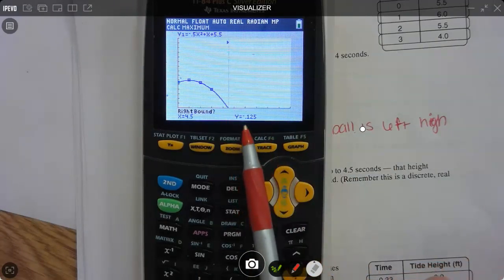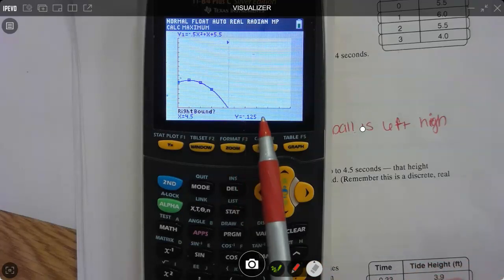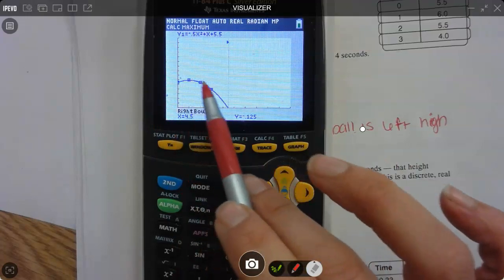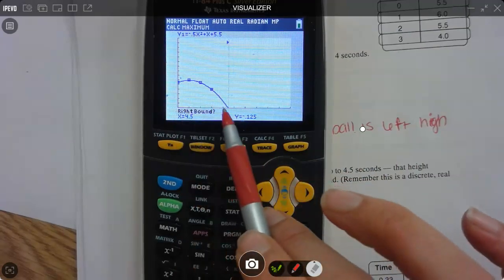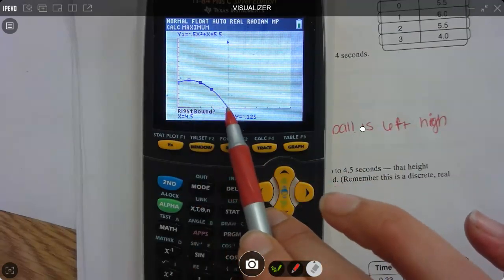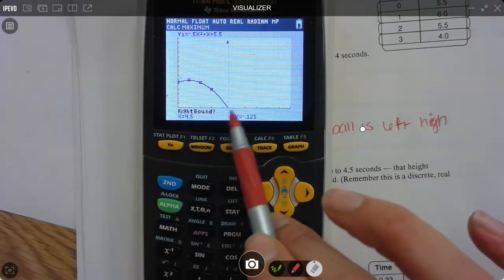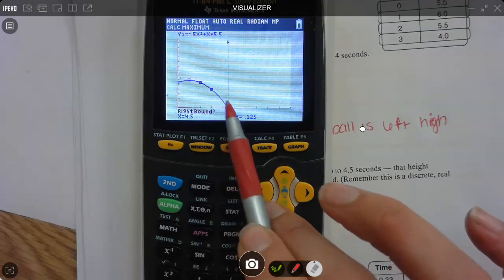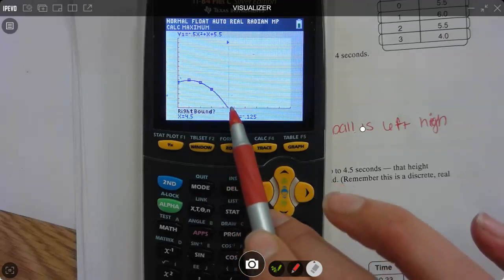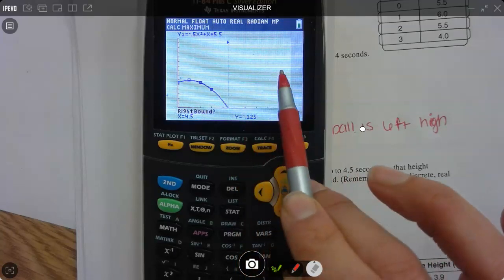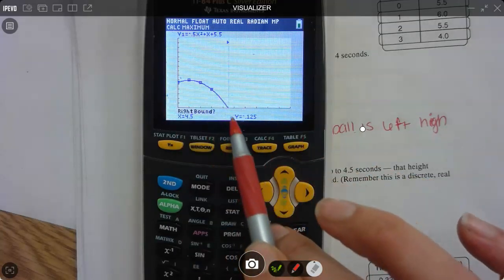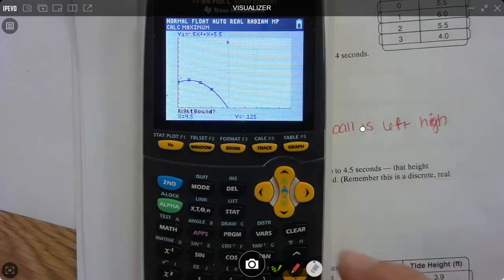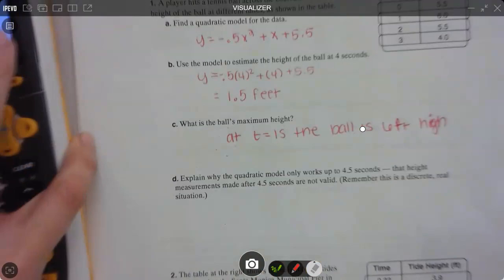And at 4.5 seconds, the ball is at a height of negative 0.125. So the reason that we can only look at the height of the ball between 0 and 4.5 is because after it hits right here at the 0, it's kind of like the ball hitting the ground. And we know that in actuality, the ball can't go into the ground. It's going to hit the ground and bounce back up unless it's a new no bounce ball, which they drop dead. They're very crazy.